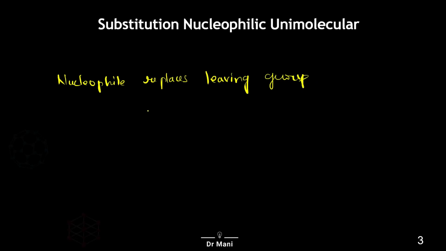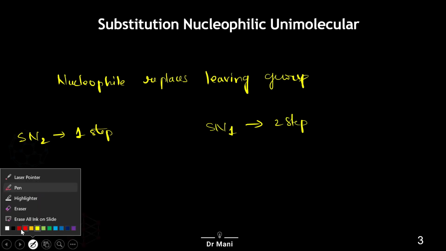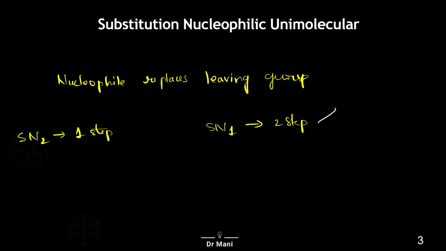Now, SN2 involves only 1 step, whereas in SN1 you will have a 2-step process. One is the formation of the carbocation.